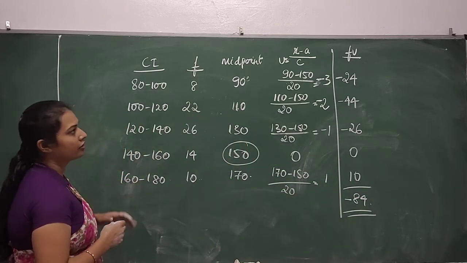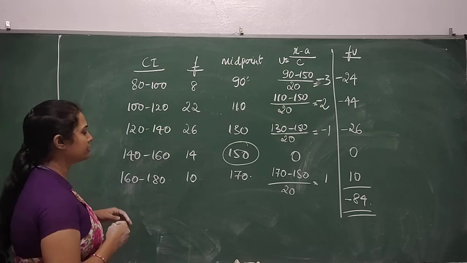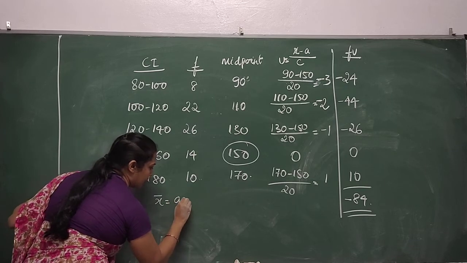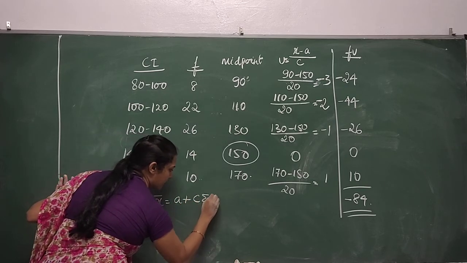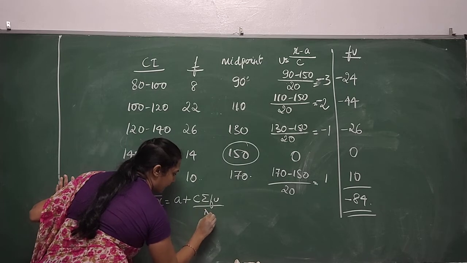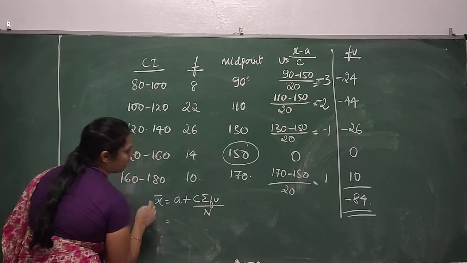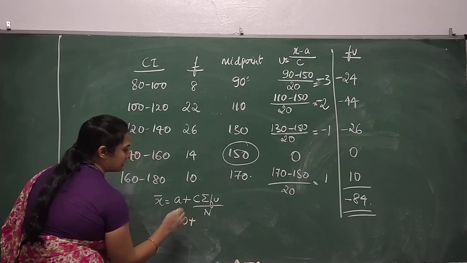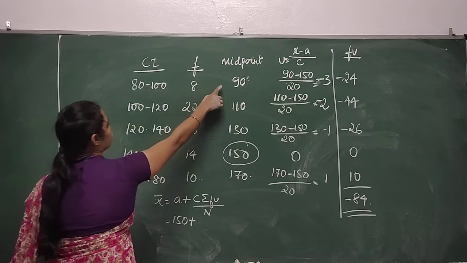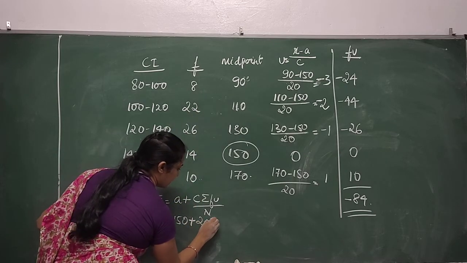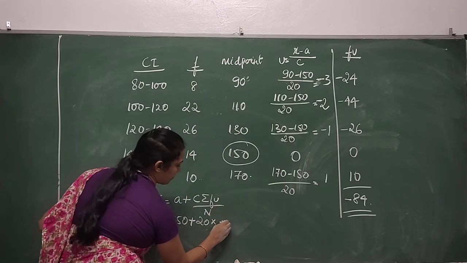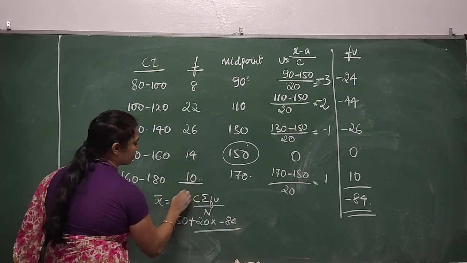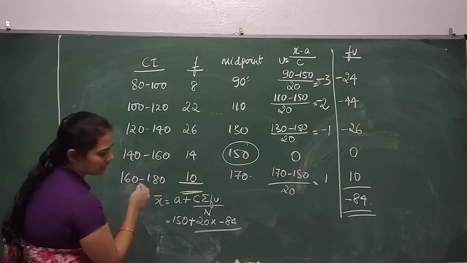Okay. So once you are done with the calculation, you will use your formula. X bar is equal to A plus C into sigma fu divided by capital N. What is A? Assumed mean, which is 150, plus C means the difference between two midpoints, which is 20, into the total, minus 84, divided by N. N means the total of frequency, which is 80.